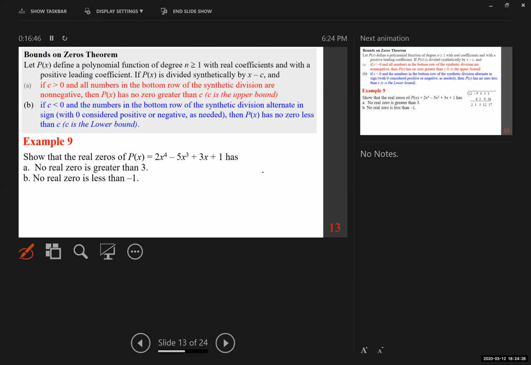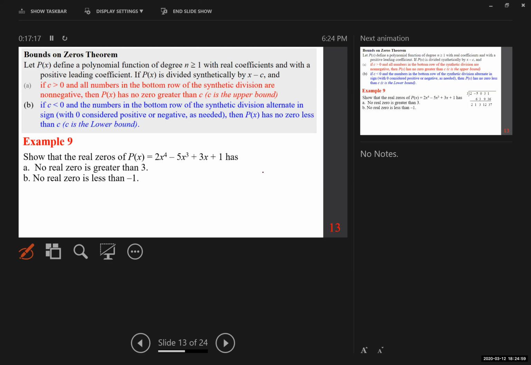We need to use what numbers? 2, -5, 3, and 1. They are in descending order. What is missing? Now something is missing. X to the power of 2 is missing, right? So you have to replace that with 0. In other words, 2, -5, 0, 3 and 1.